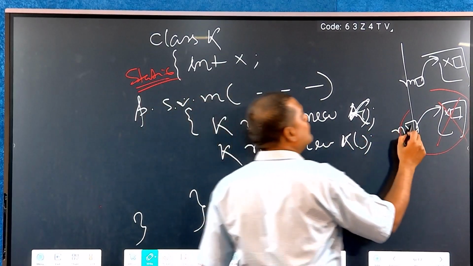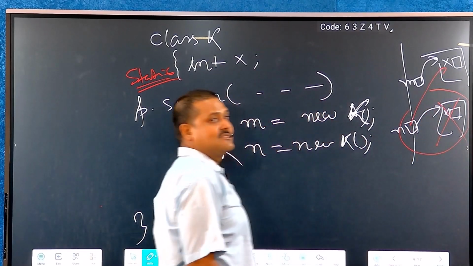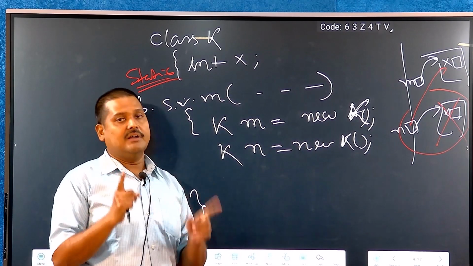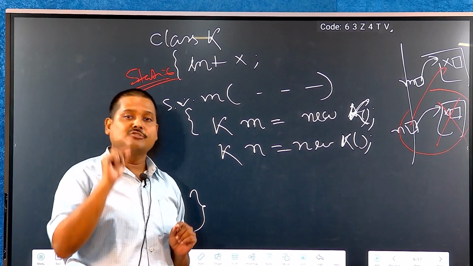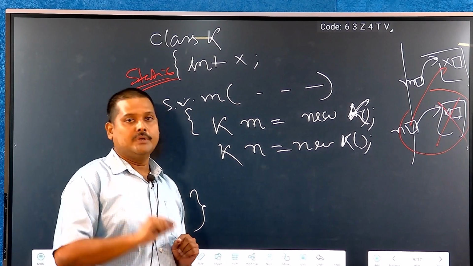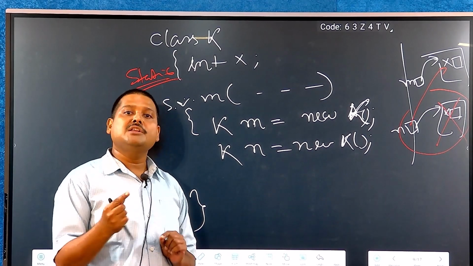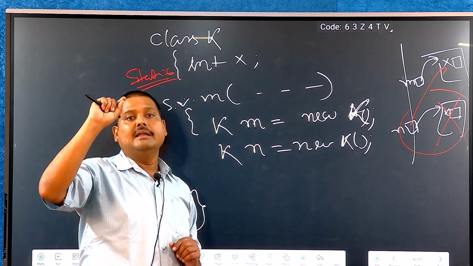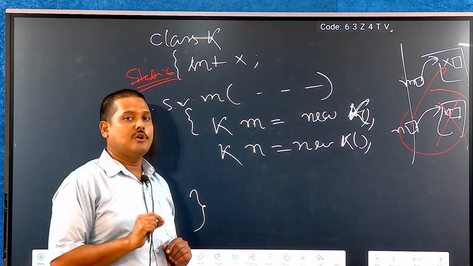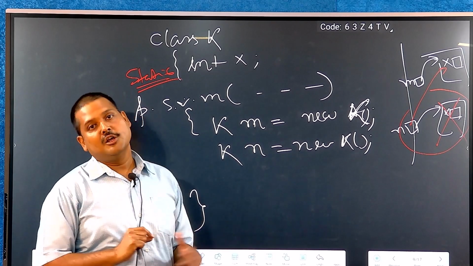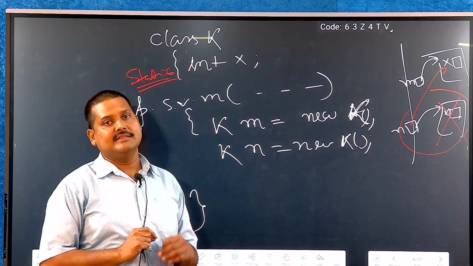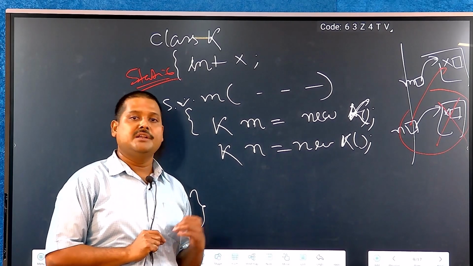So n will also point to this x only. So, if a member is declared static, it has only one copy in memory. It can be accessed without creating the object reference variable. The same is true for methods also. If a method is declared as static, it can be accessed without creating the object of that class.